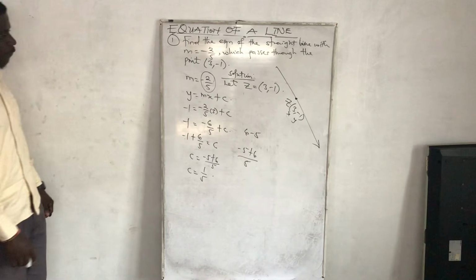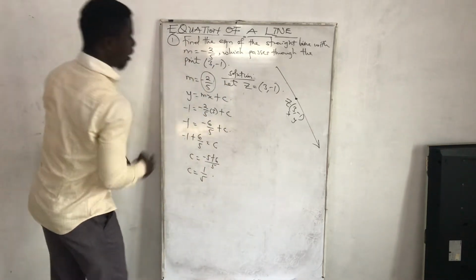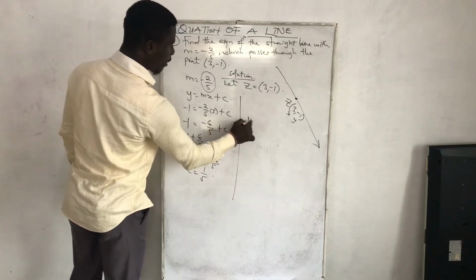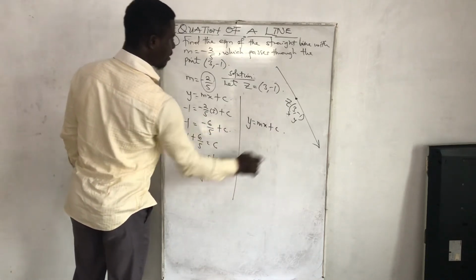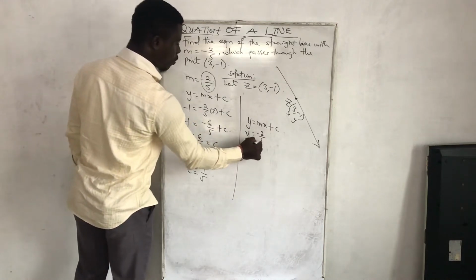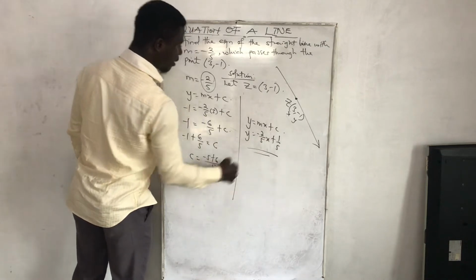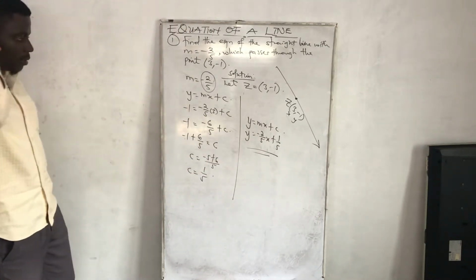So I can conclude that y equals mx plus c, that is y equals -2 on 5 x, then my c, which is 1 on 5. So that's the equation of that line.